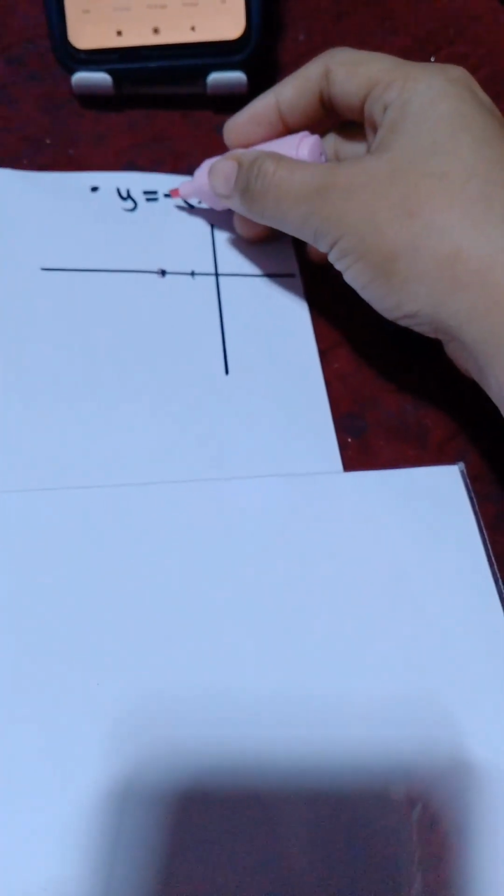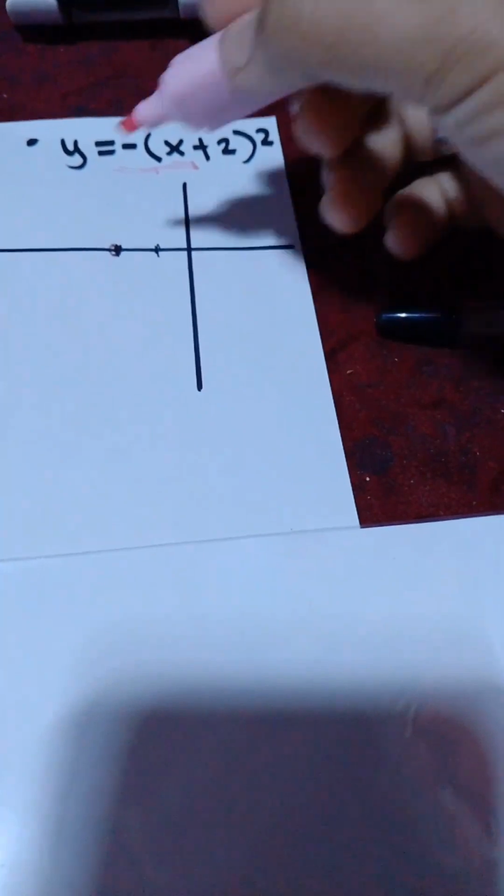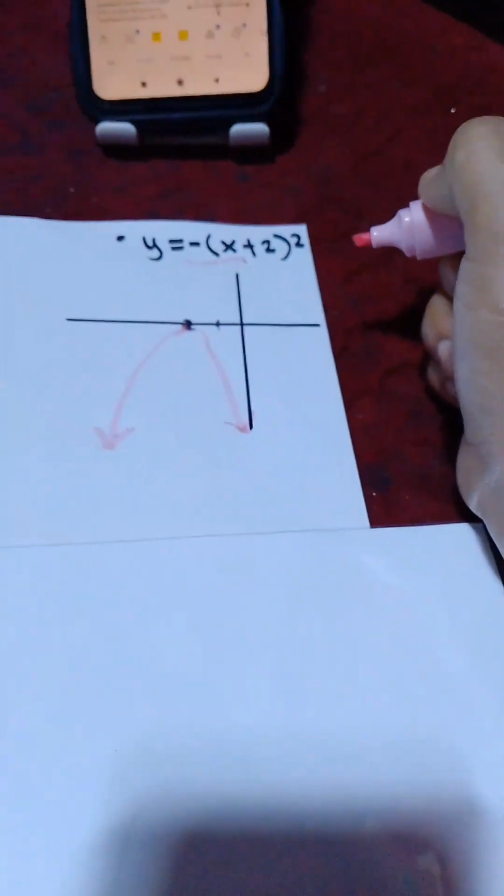That's where our vertex is located. Since it's negative, we're going to graph this downward. The graph of this is something like this, facing downward.